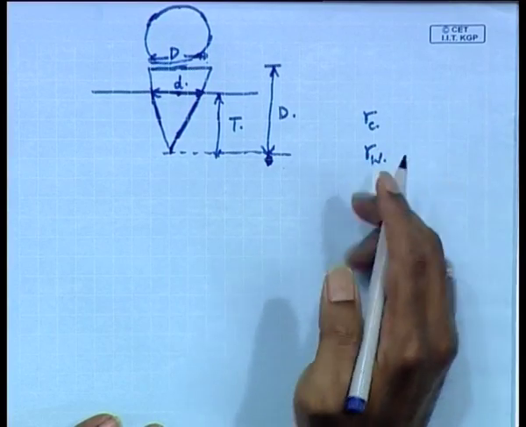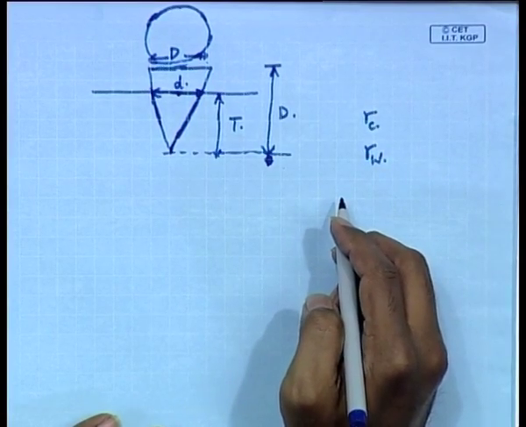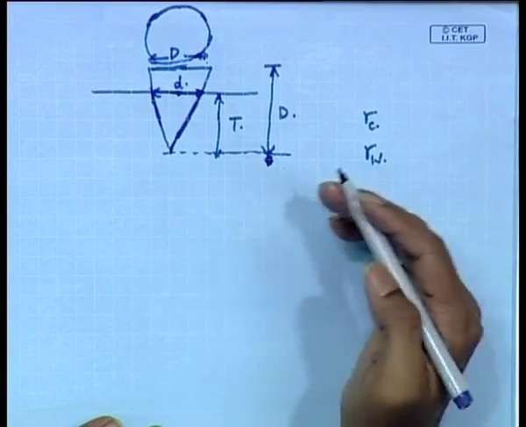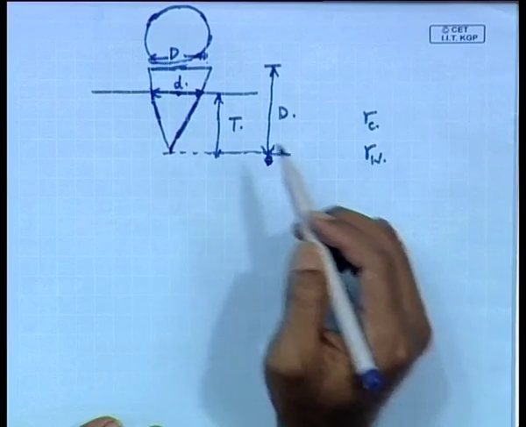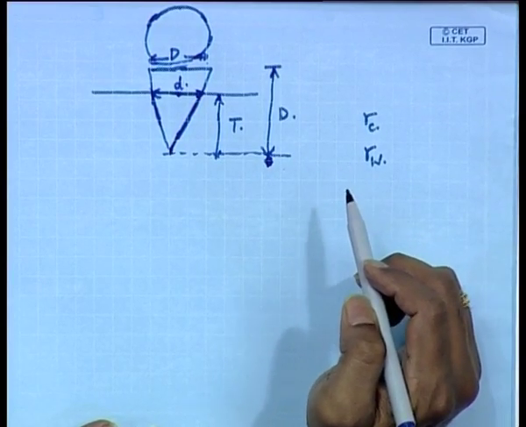So, specific gravity of the cone is given as gamma c, specific gravity of the water is given as gamma w. So, gamma c and gamma w, and now the question is, under what condition will the cone float in this fashion?